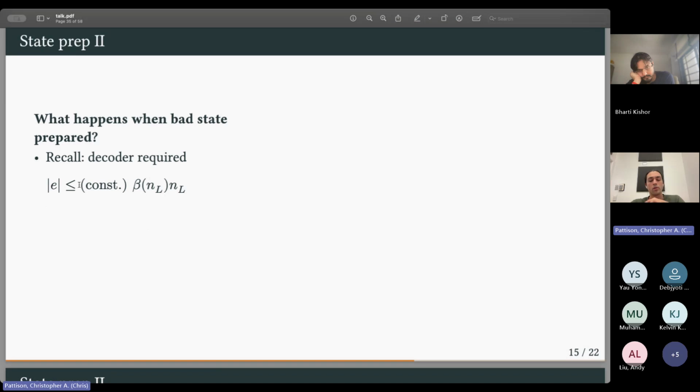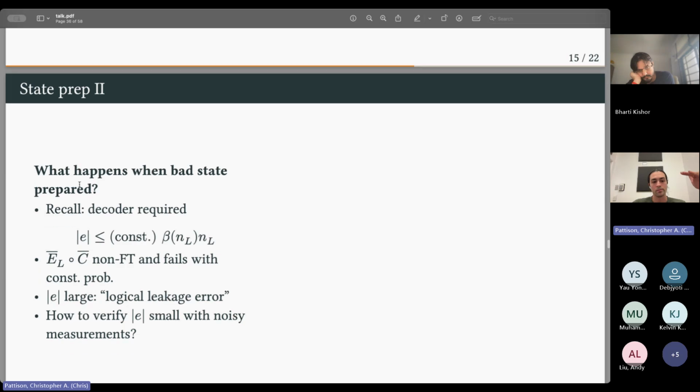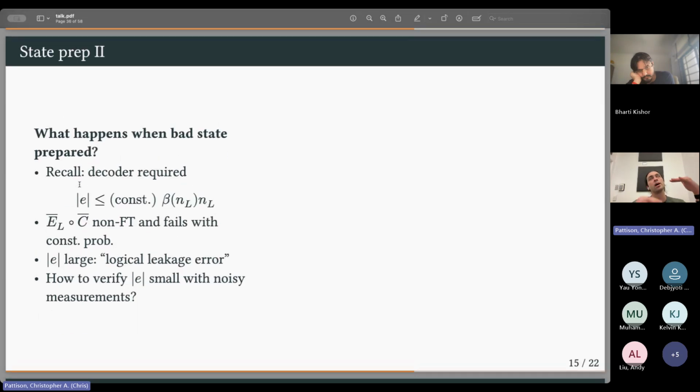So recall that our decoder required that our error is not so large, right? If it's large, then this is analogous to a leakage error that you may be aware of on the physical level, where not only can you not fix it, but every time you touch it, if you have this kind of logical leakage in one block and another block and you do a gate between them, it's going to leak both.